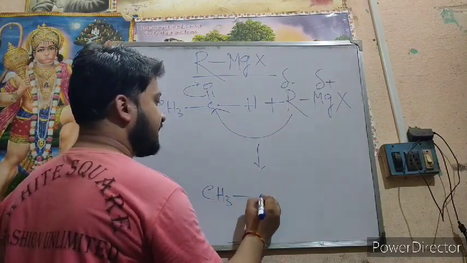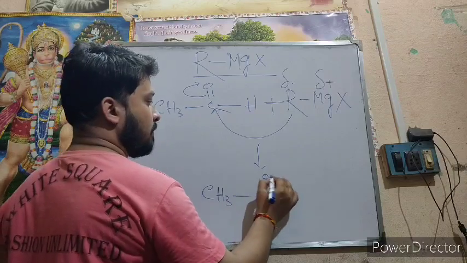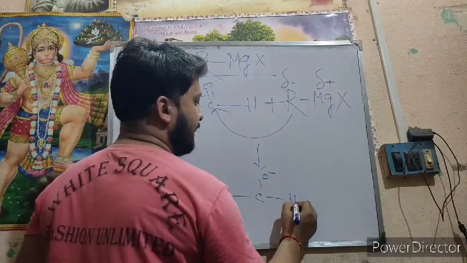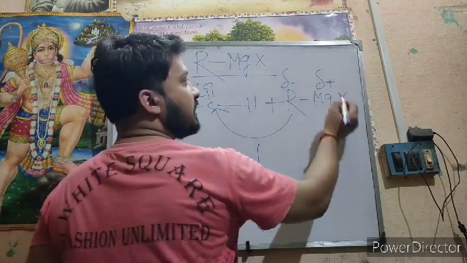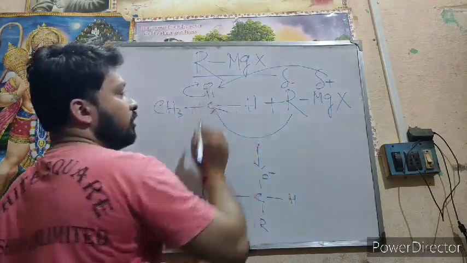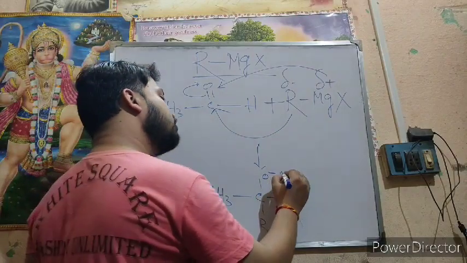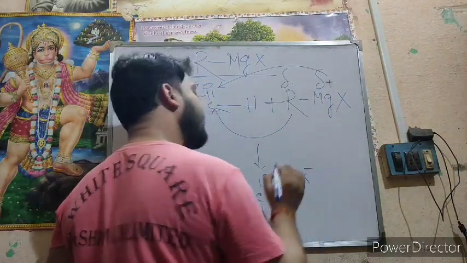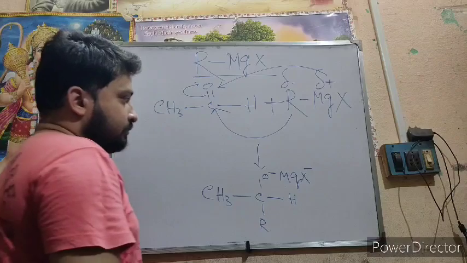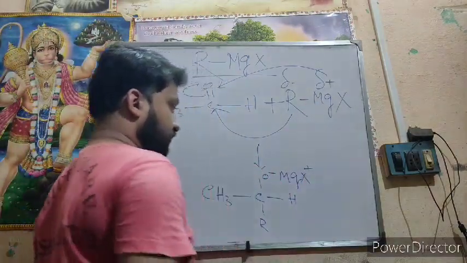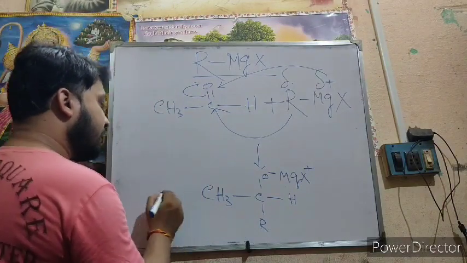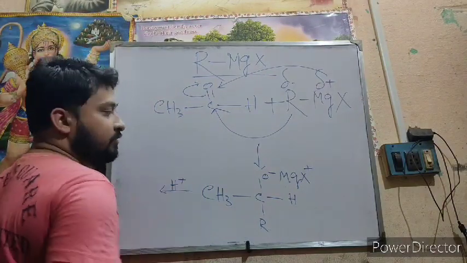So the product is CH3 C O minus and H, R is here, and MgX plus comes on O minus. Then you acidify it.